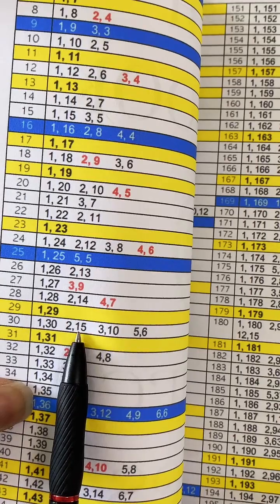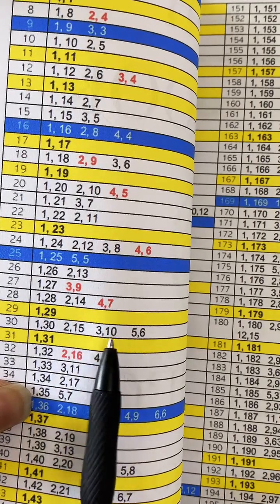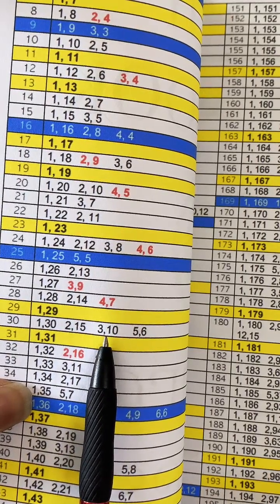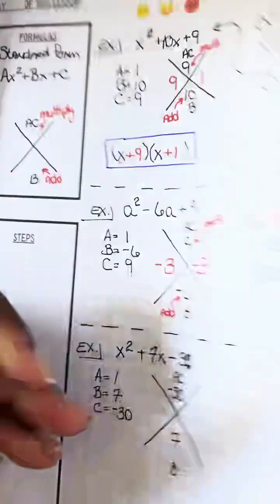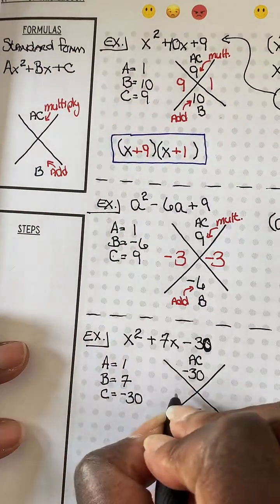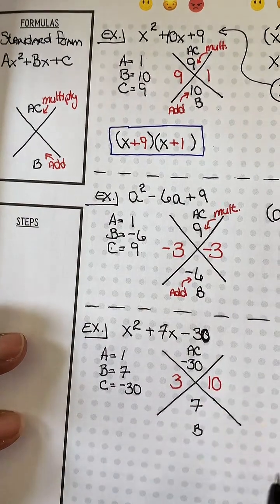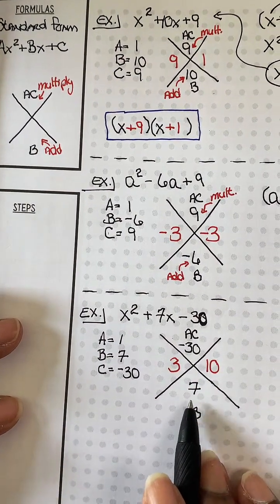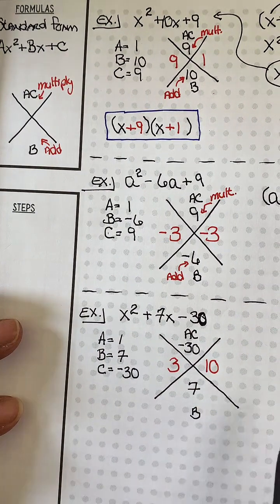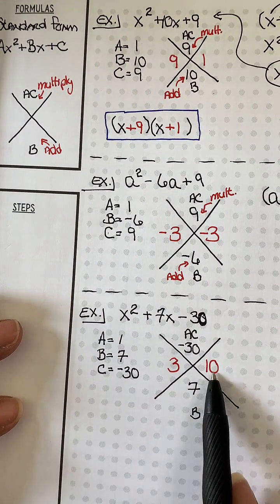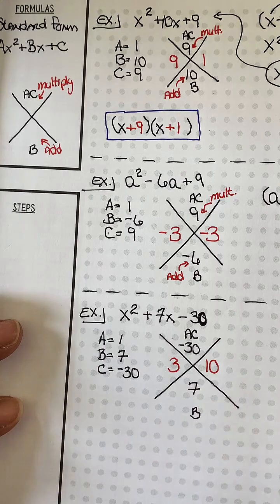If I try to subtract this, I get a 13. If I try to subtract this, I get a 7. But then we have to figure out which one is going to be negative because we need a positive 7. So is the 10 going to be negative or is the 3 going to be negative?